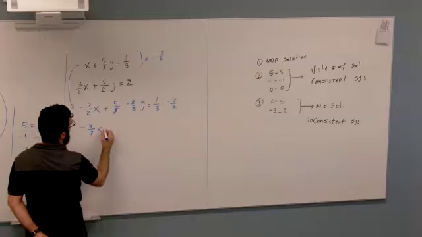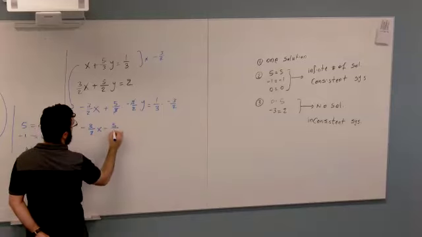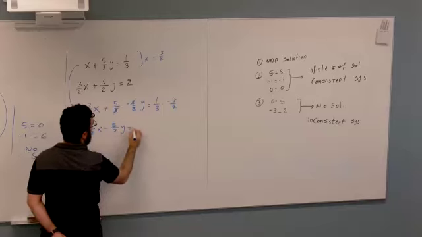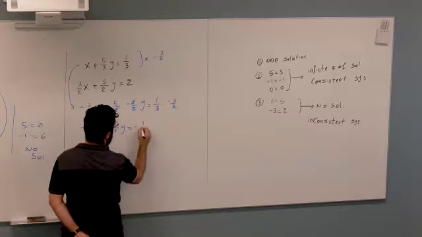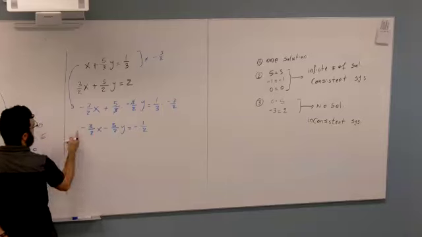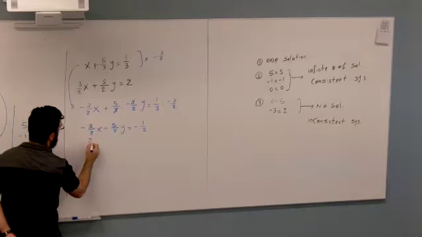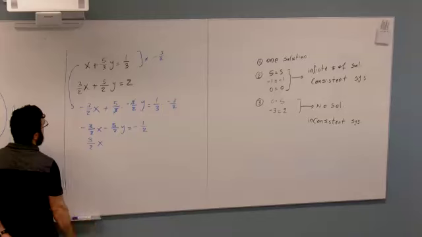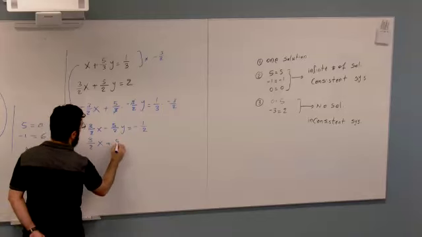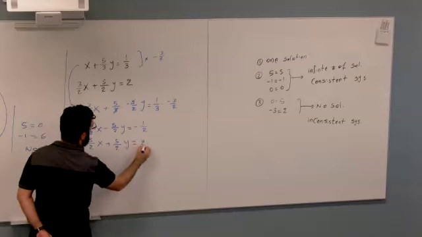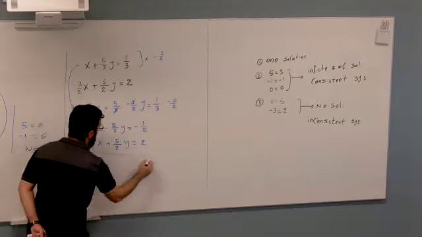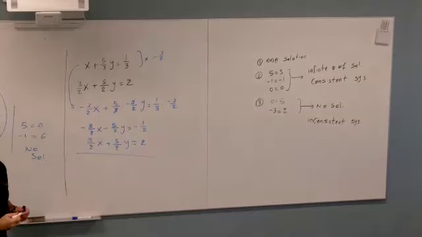-3/2x minus 5/2y equals -1/2. Now this is the first equation. The second one is 3/2x plus 5/2y equals 2. In this case, check.